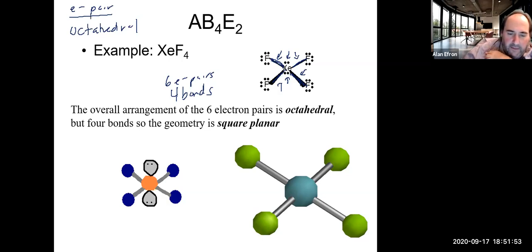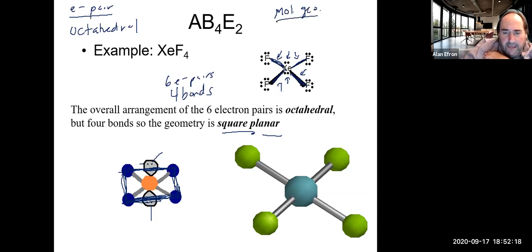Again, here we have our non-bonding electrons. It looks like he's standing on his head here, but our non-bonding electrons are trying to get as far away as possible. They actually end up making the bonded atoms into a square in the same plane, hence the name square planar. The molecular geometry here is square planar.